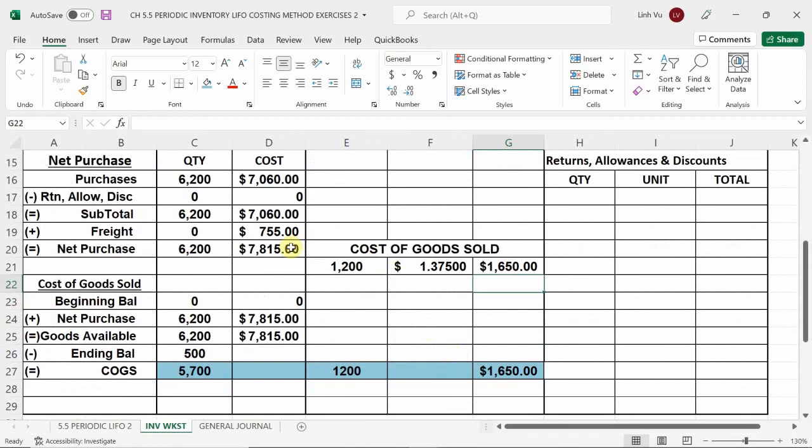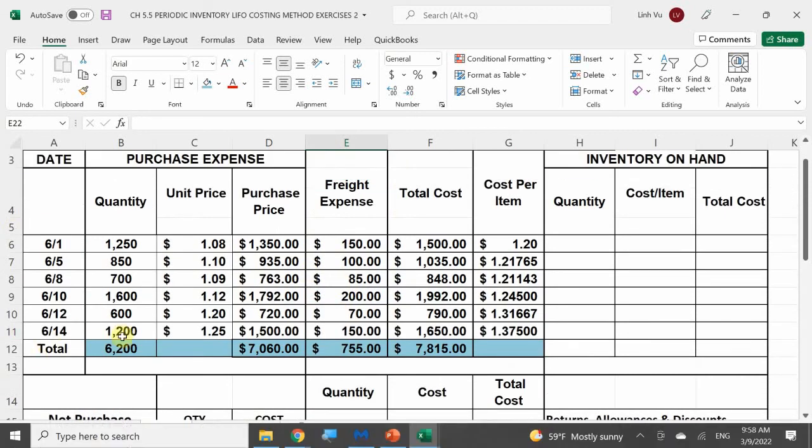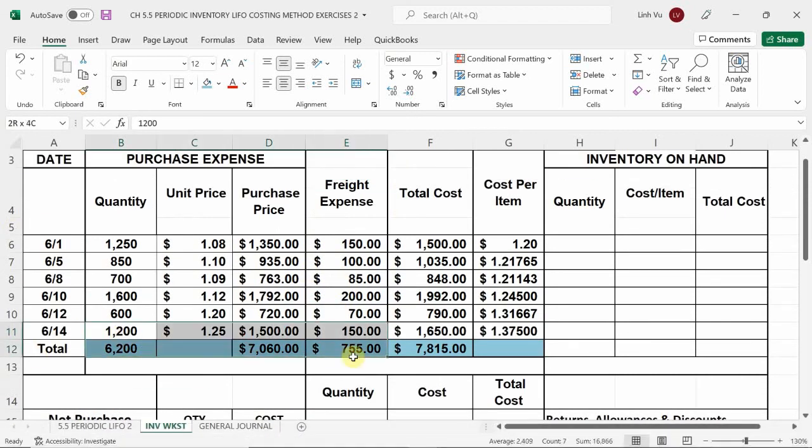So then, 1650. All right, so now that we got rid of our first 1,200 units, we definitely have a lot more to keep selling. So in this case, which batch of inventory am I going to sell from next? The 600.